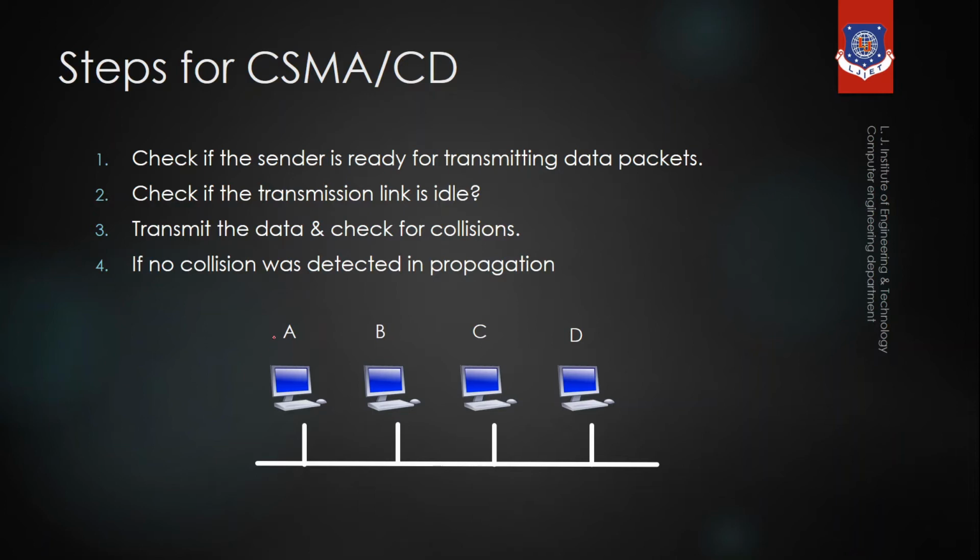Suppose device A wants to send data to device C. In the first step, device A will sense the channel, and device A can sense the channel at its interface only. After sensing the channel, device A will know whether the channel is busy or idle. Now suppose the channel is idle, so device A will send data to C.